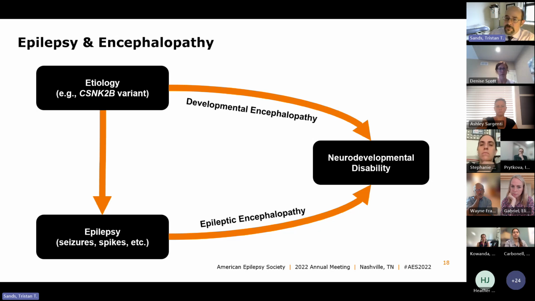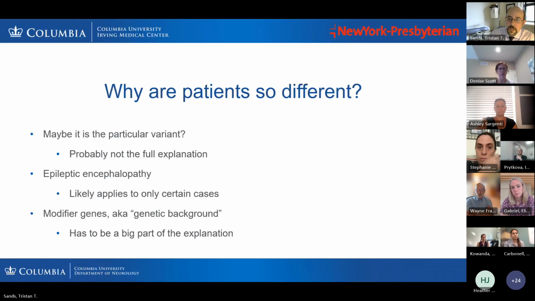And if the epilepsy is very bad and the seizures don't stop and the electrical activity in the brain is very impacted, that has the potential to also affect development. So I think this is also a mechanism, but I think it's relatively restricted to patients with very severe seizures that are not stopping. So it probably only applies to certain cases.